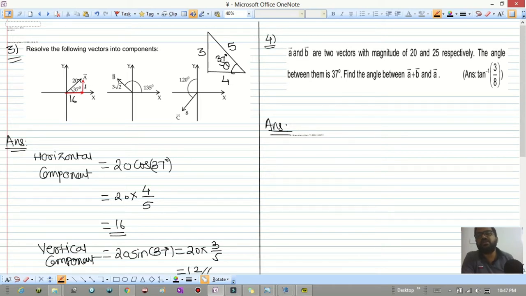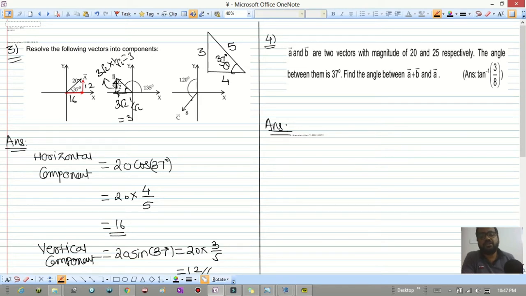Likewise, for the next one, the angle is 45 degree because the total is 180. So we have 3 root 2 cos 45, which is 1 by root 2, so this is 3. Likewise, 3 root 2 sin 45 is also 3. So 3 and 3.